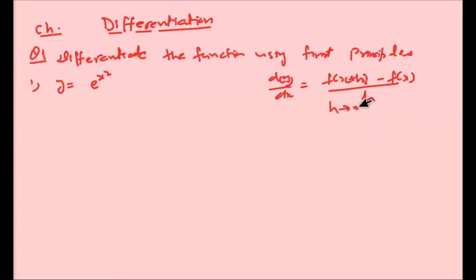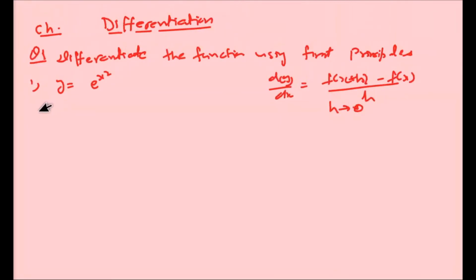This is the RHD, right hand derivative. You can also use the left hand derivative. This formula will be used here in these questions. So many formulas we already explained. Okay, so we are not doing the formula, we are doing some questions.